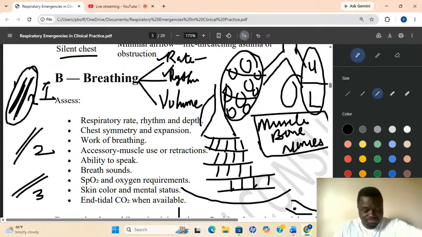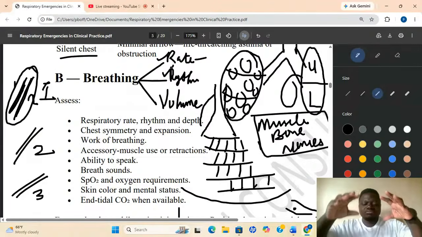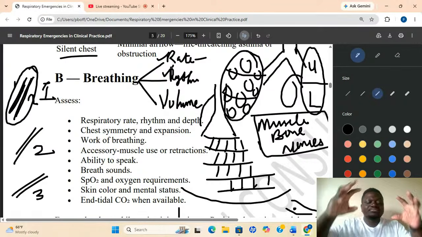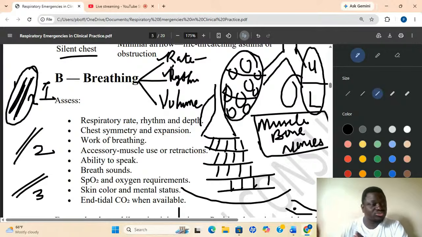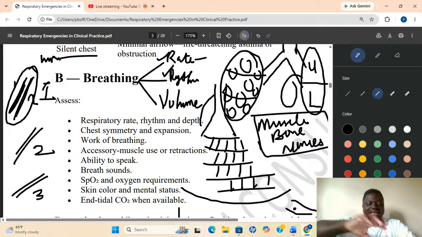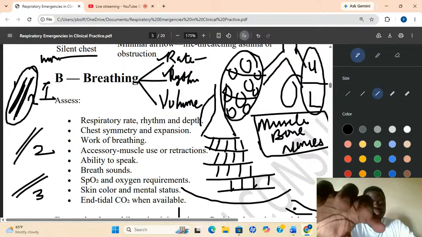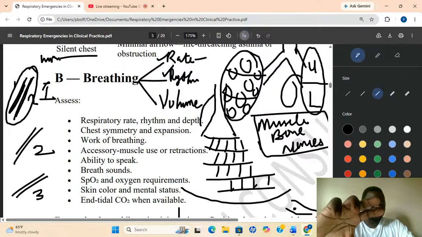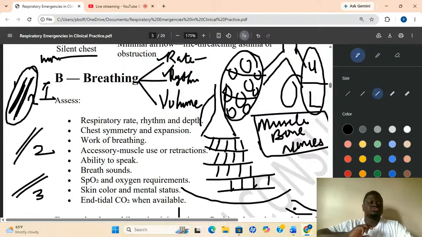Now, the rhythm. Just like the way we have arrhythmias, in the respiratory system too we have rhythm issues. So I'm breathing in and out in that space of 1 minute. I breathe in and I hold it there, it takes me like 4 or 5 seconds, then out.